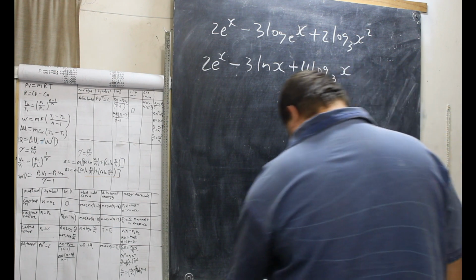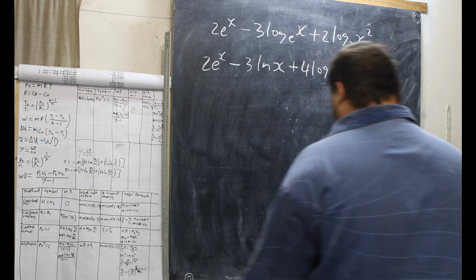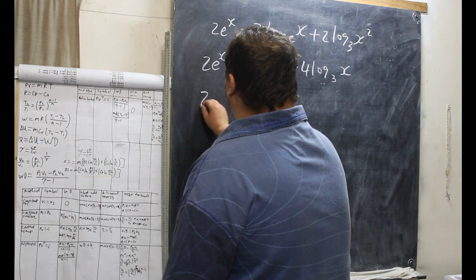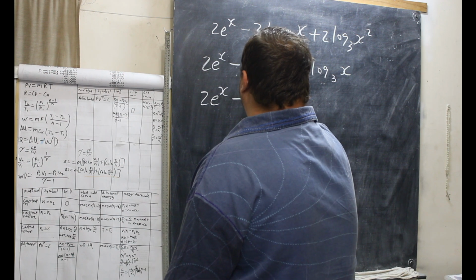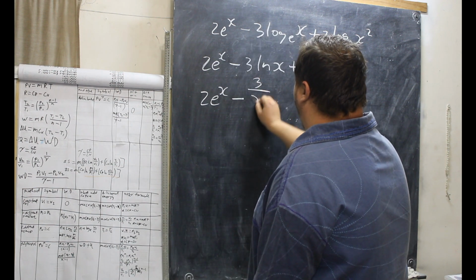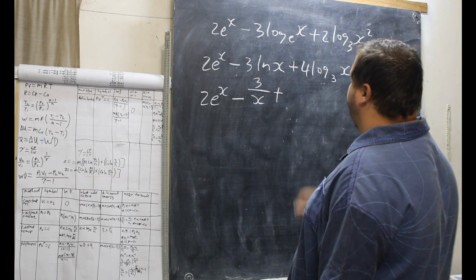Now the next step is we are going to say 2e to the x minus, so 3 over x. Now this one's quite interesting.